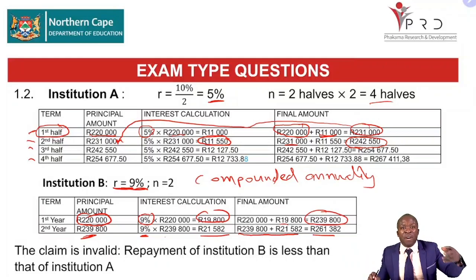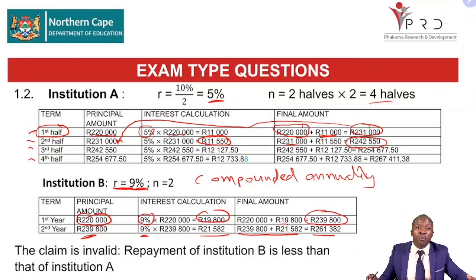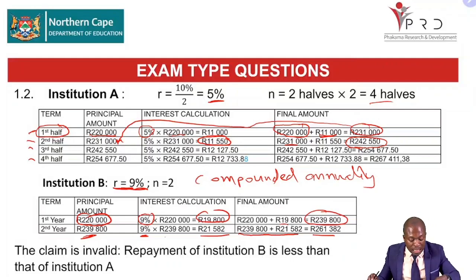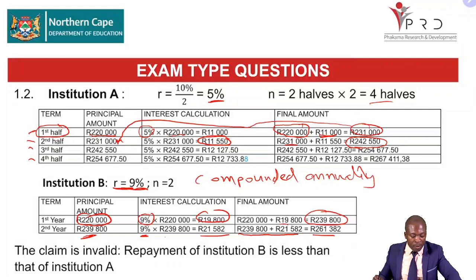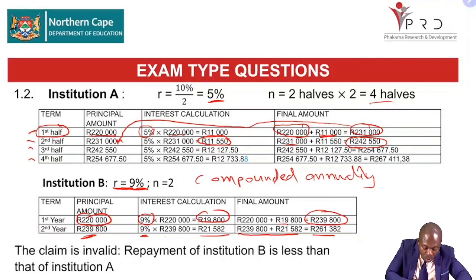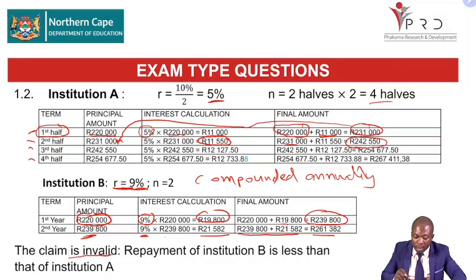But now, remember, it was a loan. They were advised in Bamboo to do what? To try and choose option A. So let's check now. Should Bamboo choose option A or not? No. Why? Because institution B, can you see, we are paying 261,000.